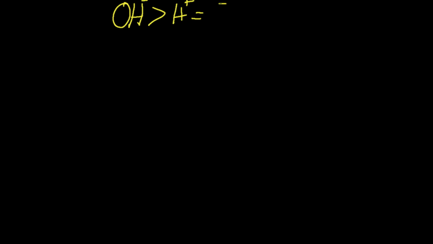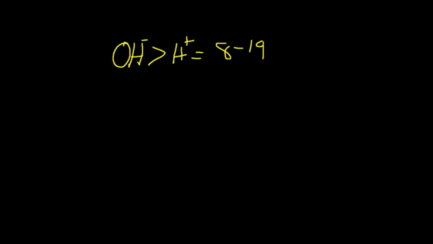And this is going to be between 8 to 14. And this is all that 8 to 14 is telling us, that any element or any compound or any substance between 8 to 14 is just going to have a higher amount of hydroxide ions than hydrogen.